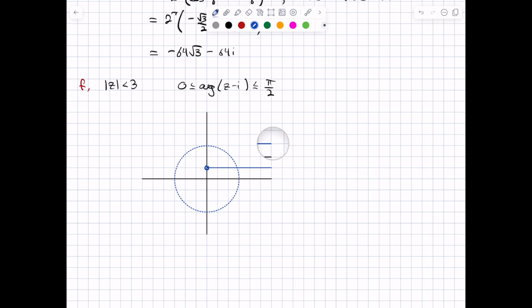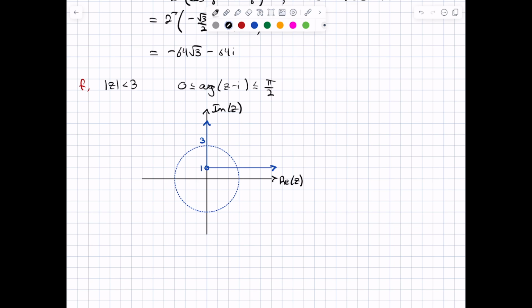So this is the arg of z minus i equal to 0, and this here is the arg of z minus i equal to pi on 2. So I'll label this as i. I'll actually label this as 1. The reason for that is because I'm going to label this as the imaginary part of z and the real part of z.